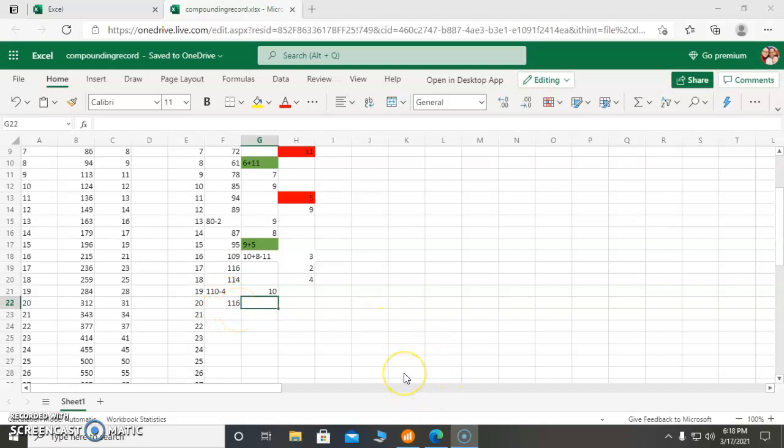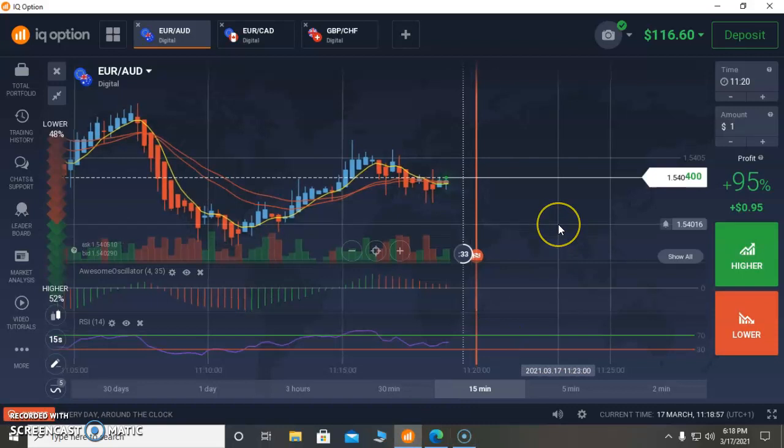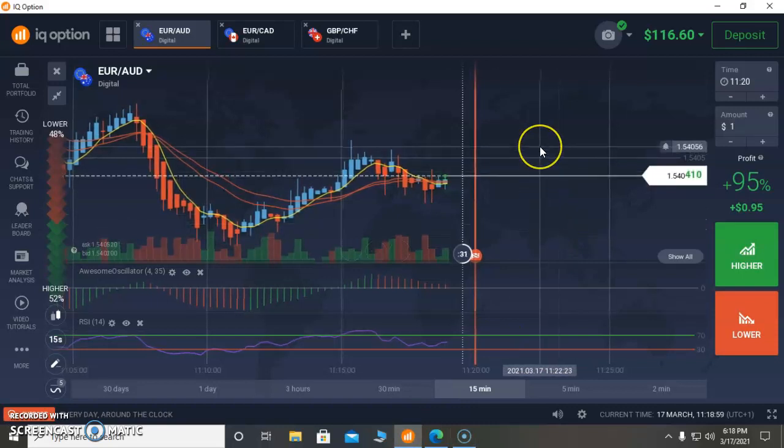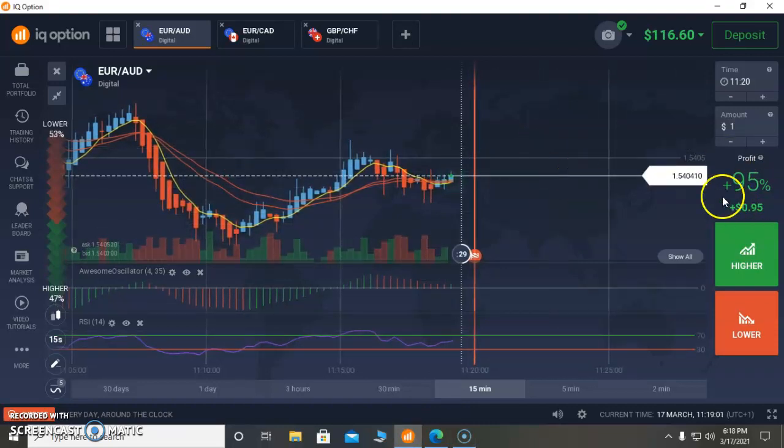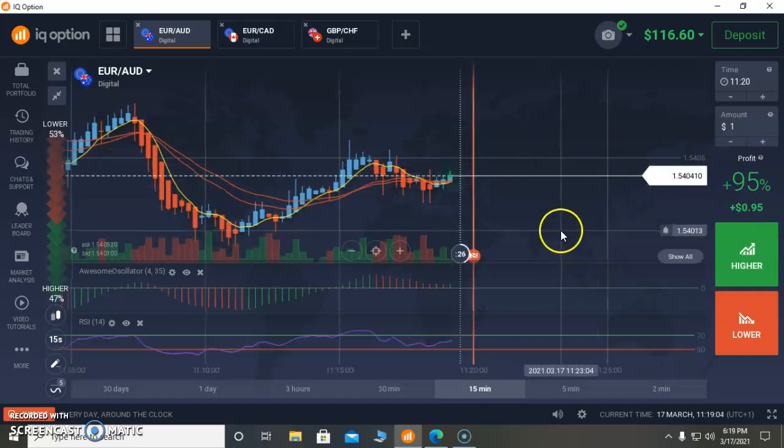So today, let's win some trades. Nag-trade na tayo kanina using tournament account and nanalo naman ng almost $200 in a few minutes. So ngayon, magla-live account naman tayo. And good news, 95% na siya.